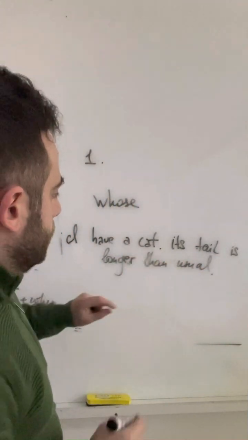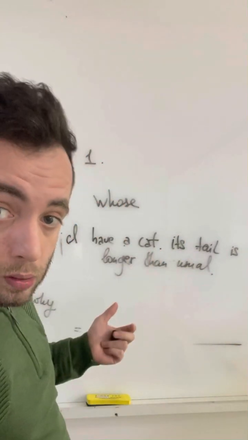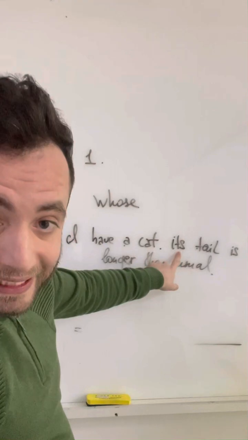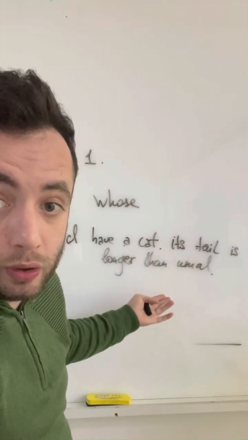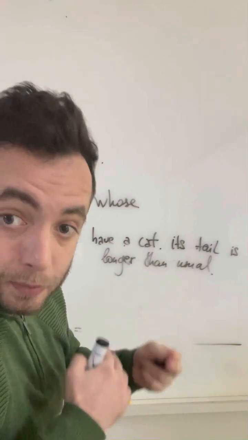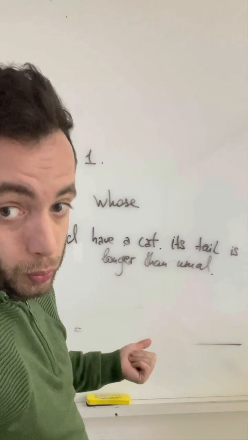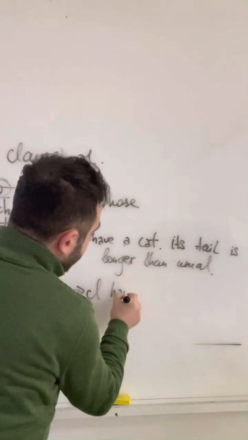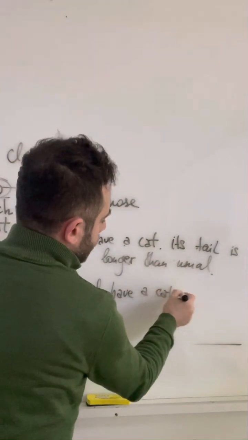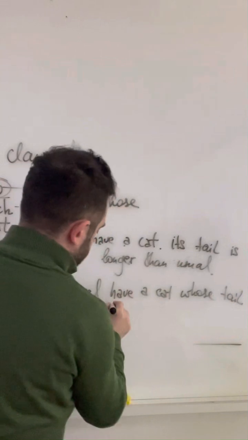Good. So cat this time is not a person, it's an animal, but we have its. So it's still a pronoun here. What we can do is replace it with a relative pronoun. It's who, which, is whose, of course. So we can write as follows: I have a cat whose tail is longer than usual.